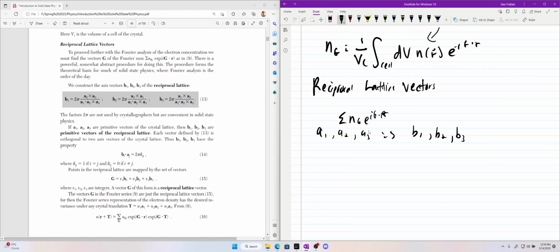So we can say B1 equals 2 pi, these are vectors by the way, A2 cross A3 over A1 dotted with A2 cross A3. Now, think for a second what the bottom is. A1 dot A2 cross A3 is just the volume of the cell. So remember that. And then I won't write the rest, I'll just screenshot them.